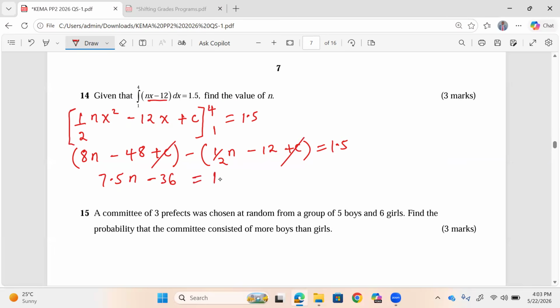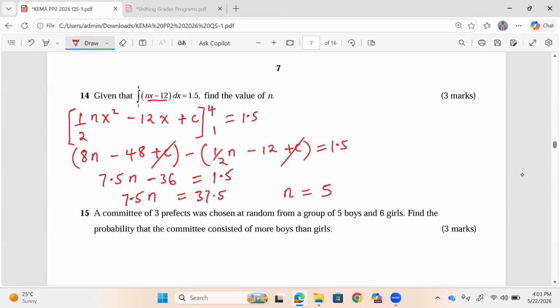This is equal to 1.5. At this point, we can pick that 36 and make it positive on the right-hand side. Then we add 1.5. That's 37.5. Then here, we have 7.5n. So to remain with n, we pick that 37.5 and divide it by 7.5. I'm getting the value of n as exactly 5.